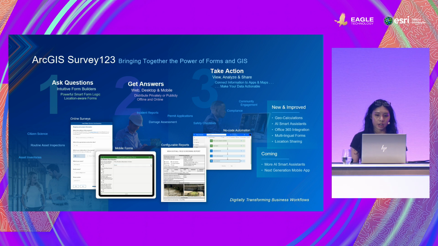As responses come in, they are immediately available to the survey author via the Survey 123 website. And data can be visualized through charts for easy interpretation, exported as raw data for further analysis in other ArcGIS apps, or generated into formatted reports in PDFs or Word documents.